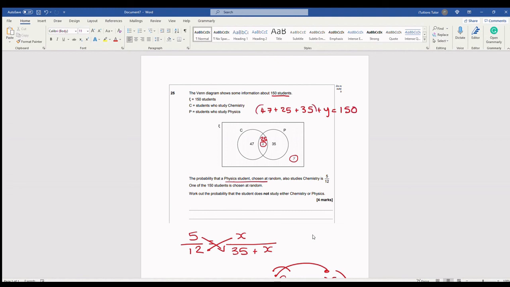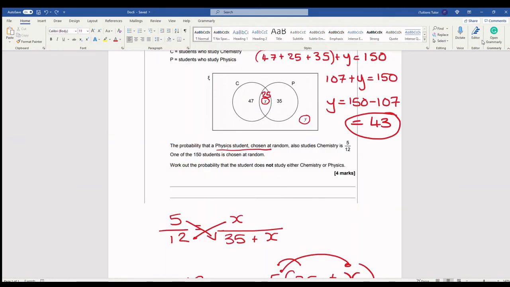So if you add these up, we get 107 plus y equals 150. So y is equal to 150 minus 107, which equals 43. So the probability that the student does not study either chemistry or physics is 43 over 150. And this question is worth 4 marks.